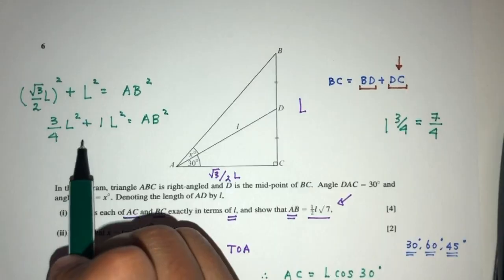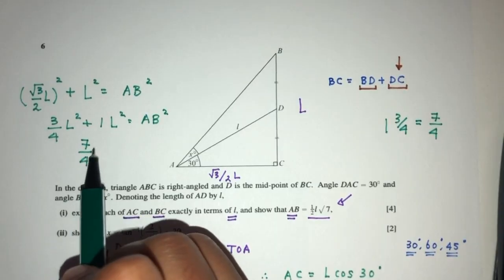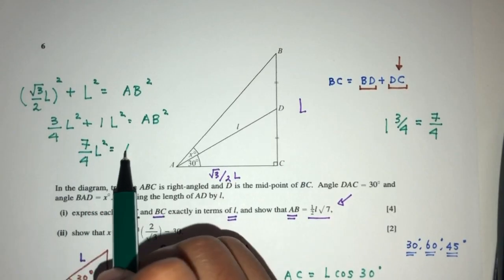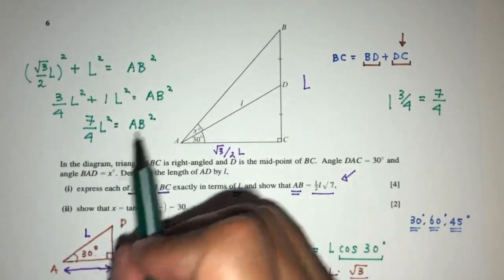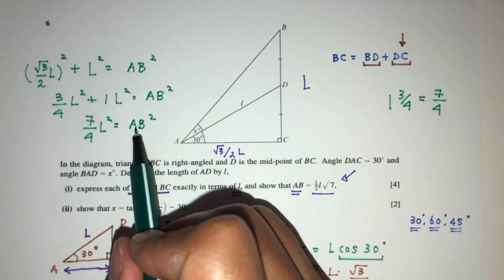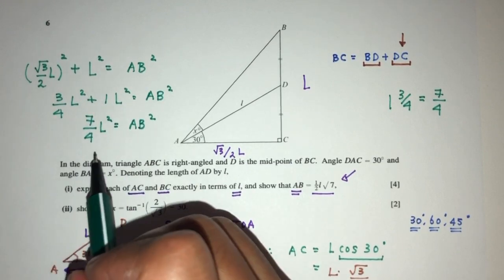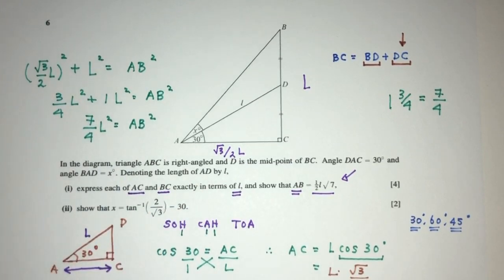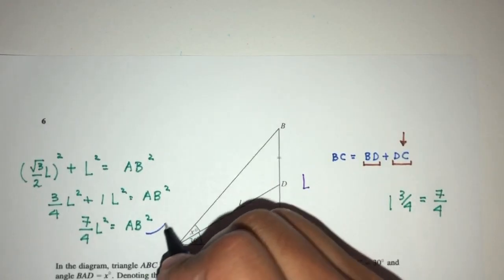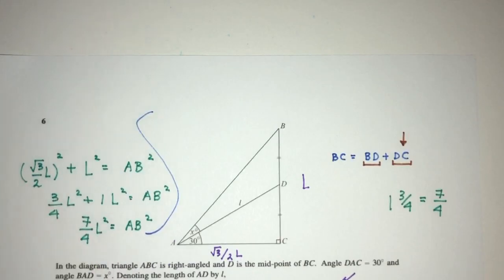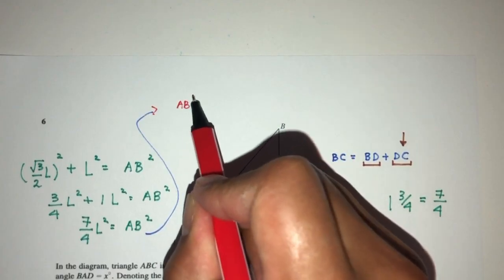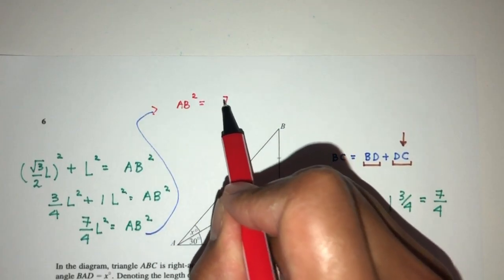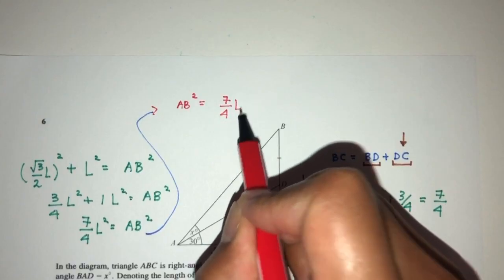That will be 7 over 4 L square, that will be AB square. So finally, we can just find the value of AB by applying square root on both sides. So let me continue over here, have more space. Right now I have AB square is equal to 7 over 4 L square.